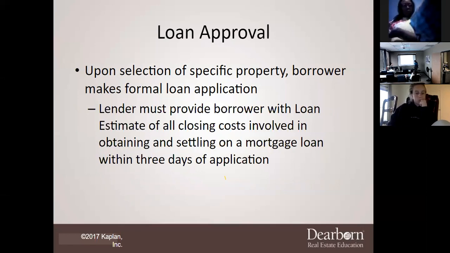And on the loan estimate, that's going to break down all the closing costs and costs involved in the buying process. So any costs that the buyer will have to make during closing costs, all that stuff will be in the loan estimate.